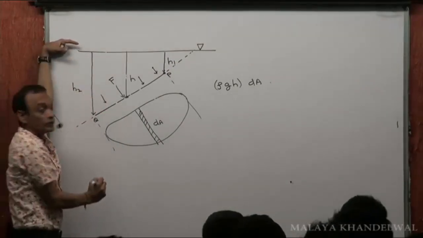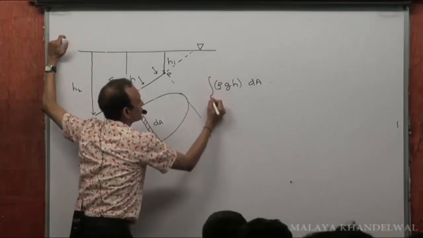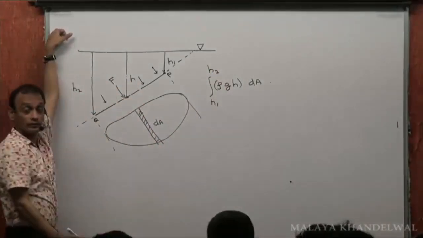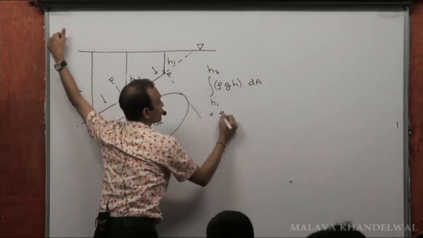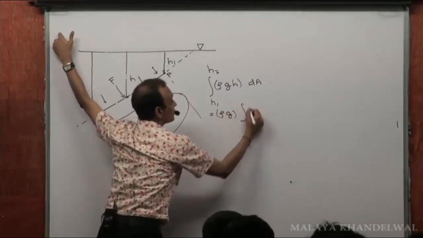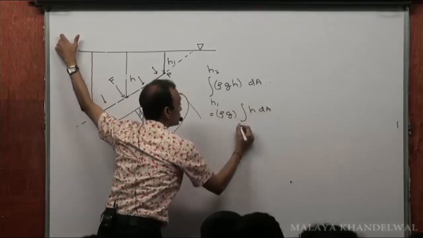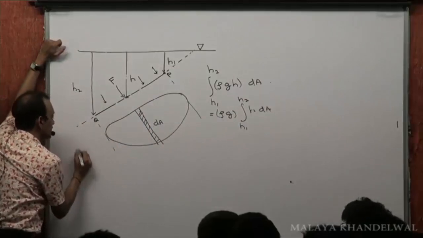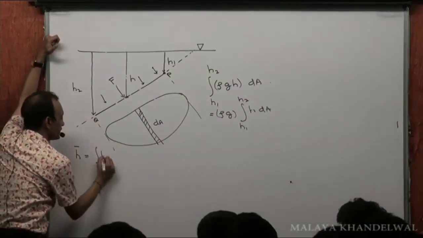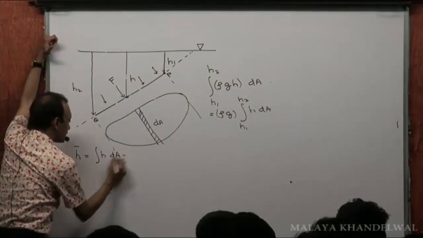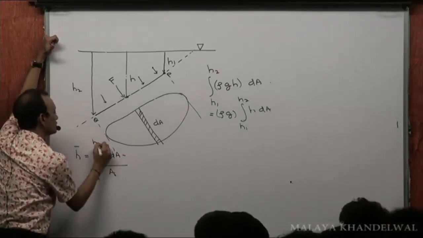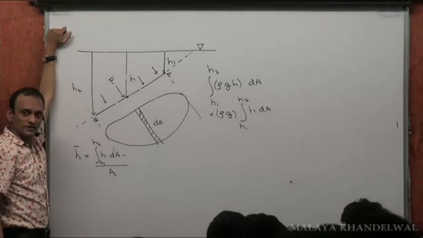The total force will be the sum of all of this, where H runs from H1 to H2. Now, if I take rho G common, then it is the integral of H dA from H1 to H2. What is the depth of the center of gravity? It would be the integral of H dA divided by total area A, with H running from H1 to H2.